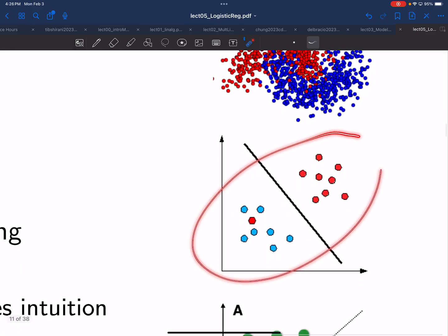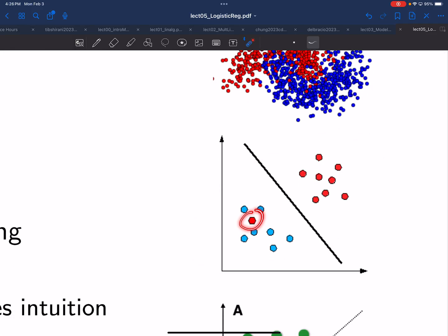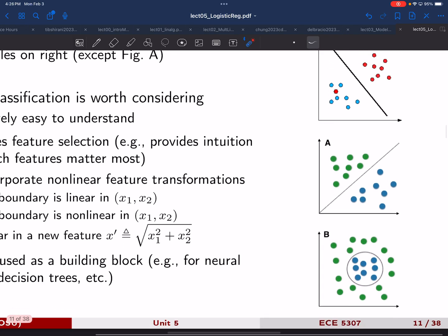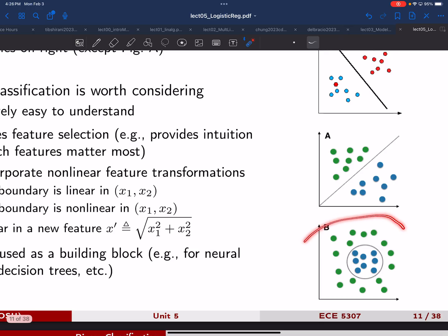Here's another picture where there's this red point over here, and once again, there's no way I can come up with a line anywhere that separates this perfectly into blue or red. Of course, if I could make a nonlinear boundary, it is possible to do that, but here we're considering only lines, so this is not linearly separable. And here's another example of non-linearly separable.